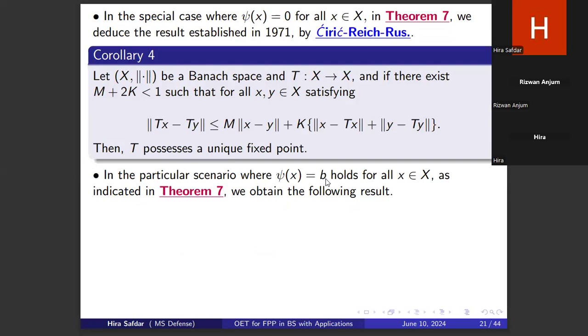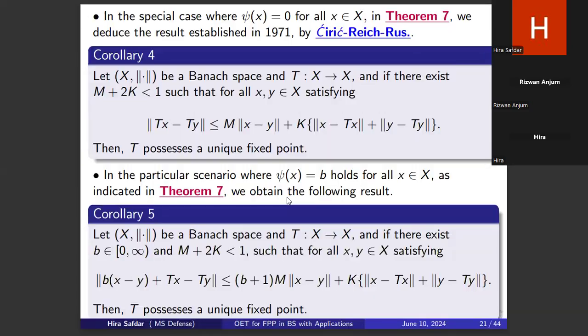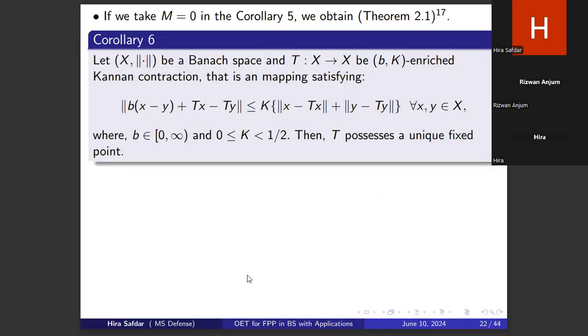In the particular scenario where psi x is equal to b in theorem 7, we obtain the following result. If we take m equal to 0 in corollary 5, we obtain the following result, which is the BK enriched Kannan contraction.